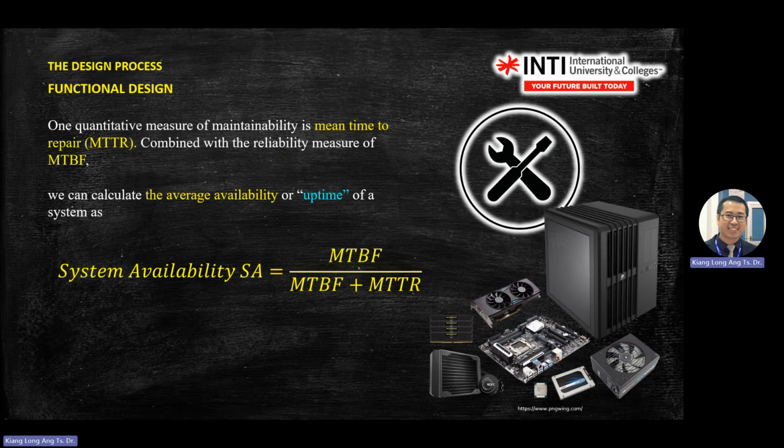This is the second equation for today. So SA equals MTBF divided by the combination of MTBF plus MTTR. I'll give you a tutorial on this one.